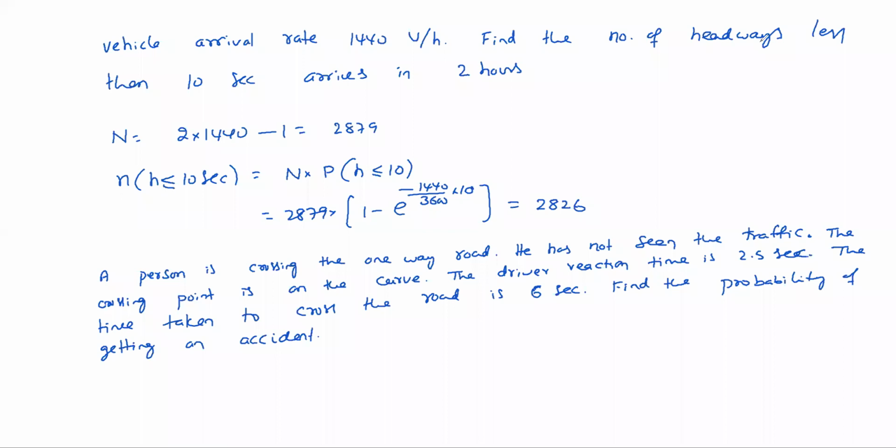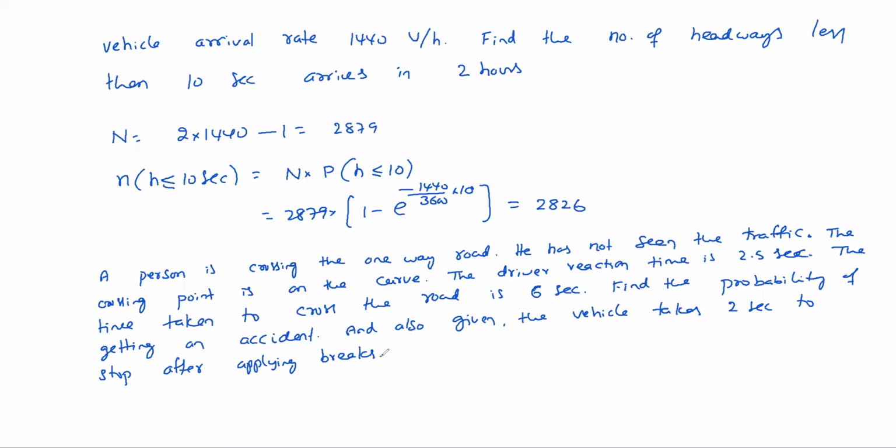Here I will modify the problem. The time taken to cross, let it be 6 seconds, driver reaction time, and also given the vehicle takes 2 seconds to stop after applying brakes.